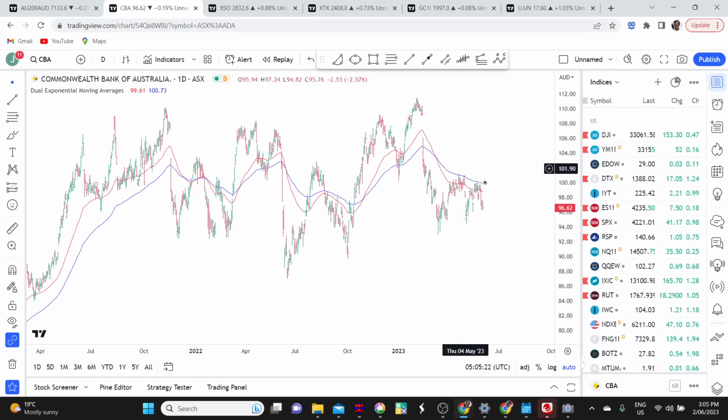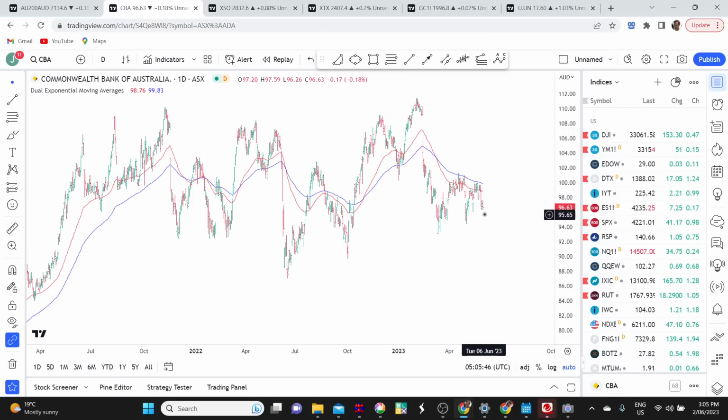Just looking at the current setup in CBA, we've got this sell-off from the February high, and the market is coiling up into quite a tight range, and it's doing so below the moving averages, which are declining. Each time CBA has moved back up towards these moving averages, it's triggered a sell-off, and the most recent one has been in the last week.